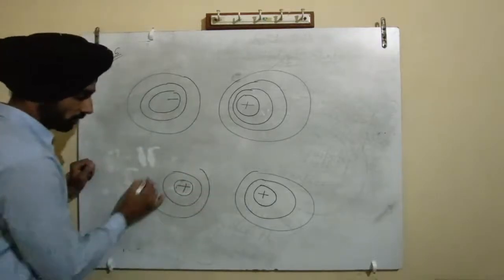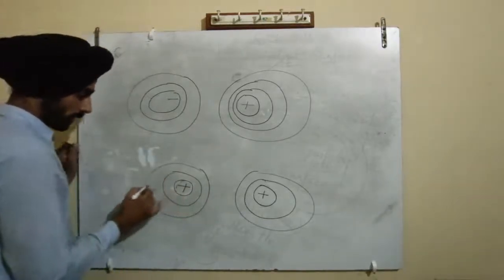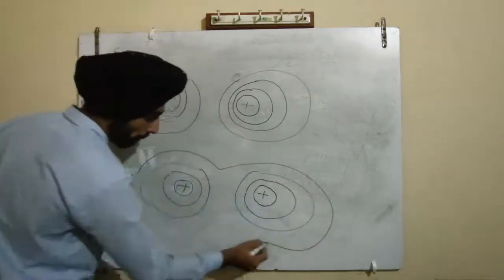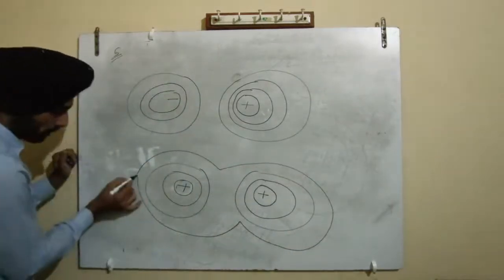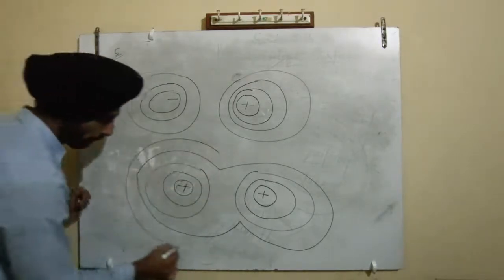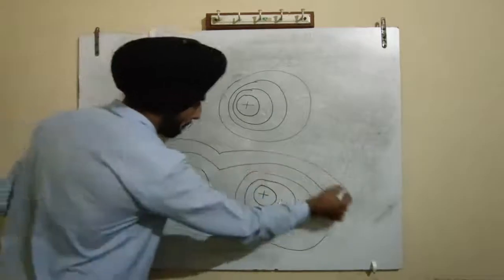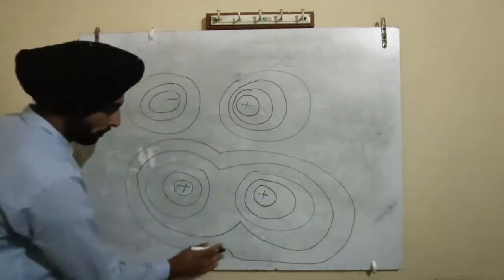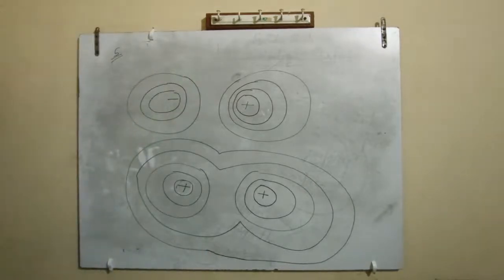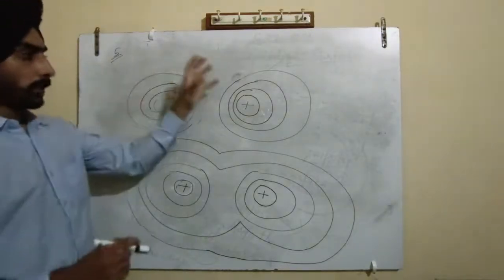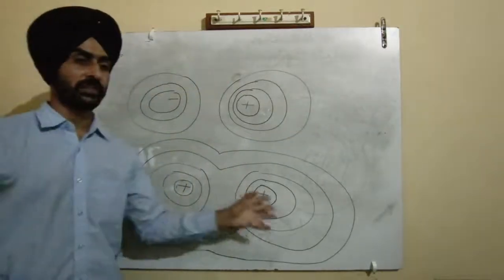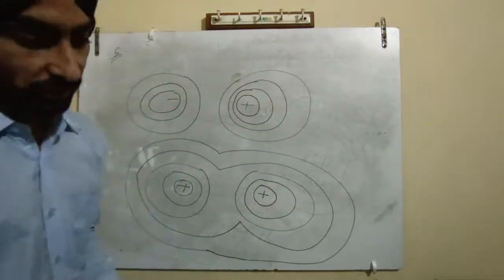And next will be like this, and next will be like this. So this is the equipotential surface for a dipole, and this is the equipotential surface for similar charges.